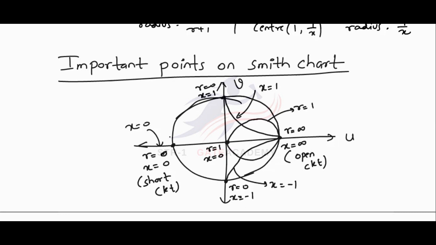The upper half of the Smith chart denotes the inductive reactances, whereas the lower half of the Smith chart denotes the capacitive reactances, because all the reactances are negative. So these are the important points on the Smith chart.